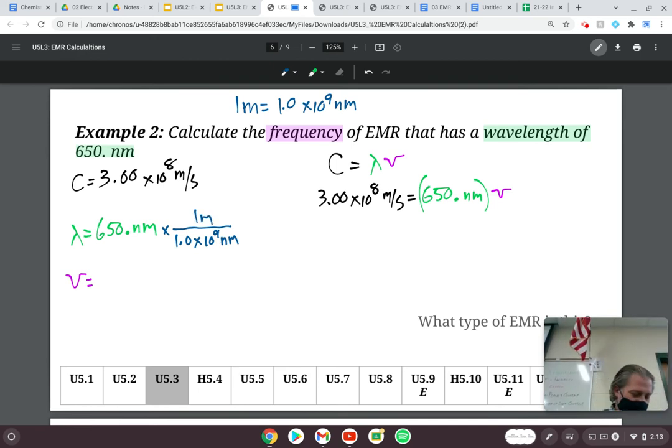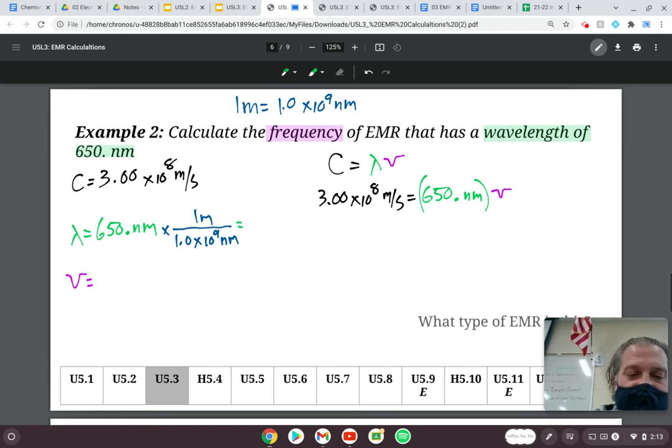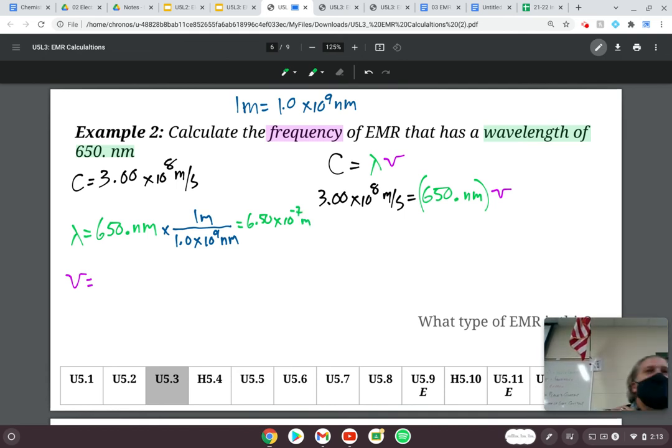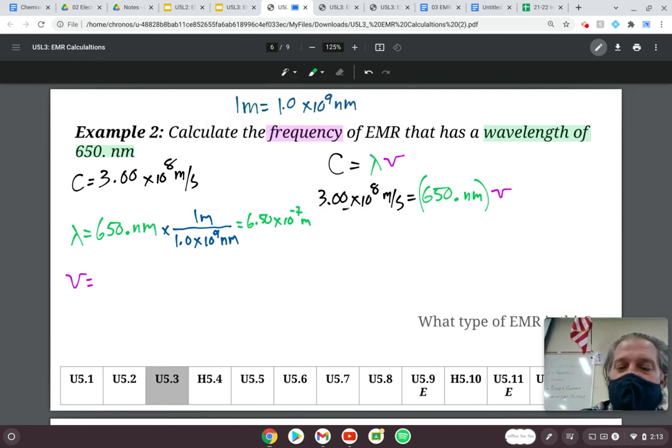I take my calculator, 650 divided by 1 times 10 to the 9, and I get a value for my wavelength of 6.50 times 10 to the negative 7 meters.